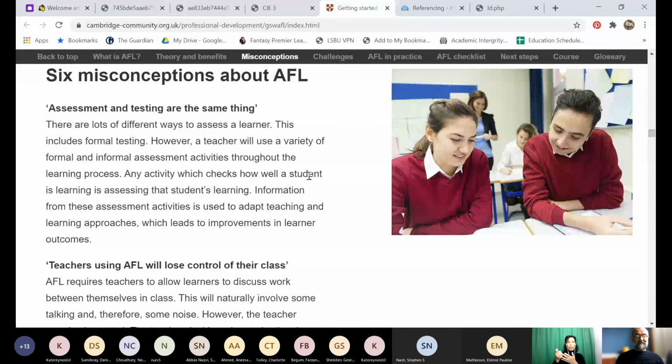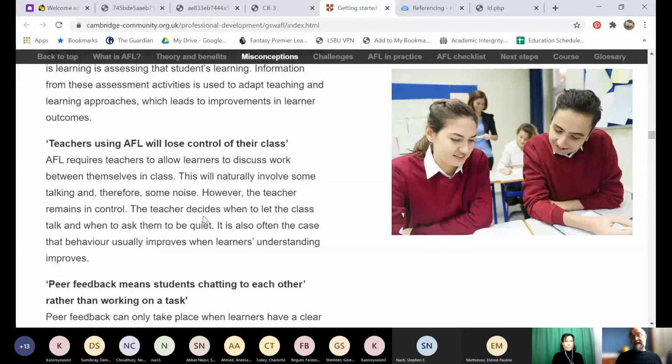I like this idea here, the misunderstanding that teachers who use AFL will lose control of their class. So why they have included this in the website is the idea that if you're using AFL, you are giving students responsibility for assessment, and the Cambridge assessment organisation is suggesting that some teachers may be uncomfortable about that, because by handing over control, you are in danger of losing control.